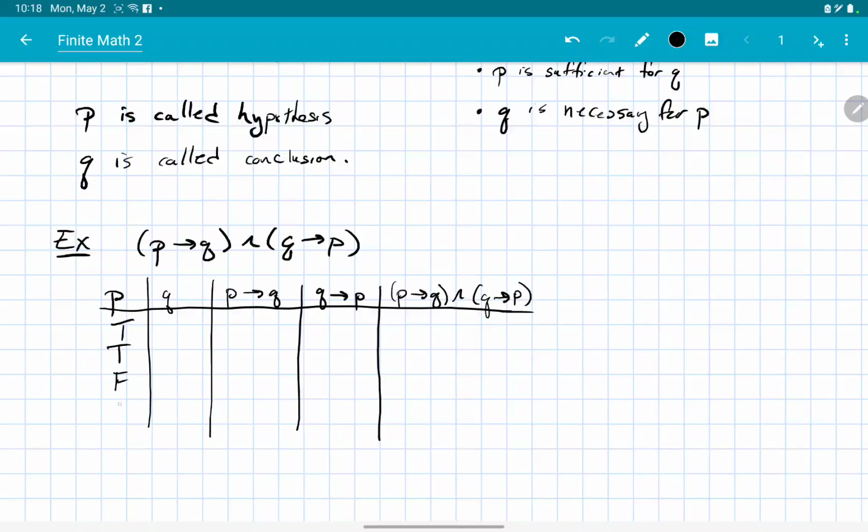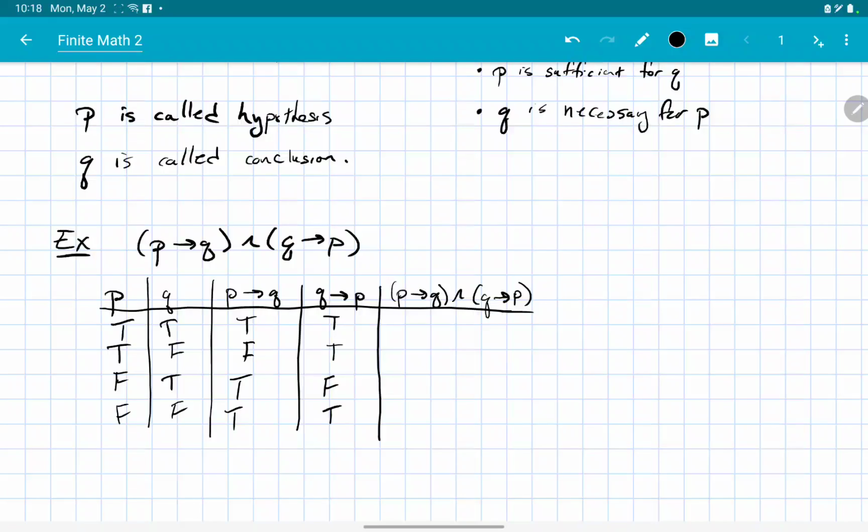True, true, false, false, true, false, true, false. Okay, the first row I'm going to fill in quickly because we just did it. True, false, true, true. Okay, the second one, we have true, true, false, true.